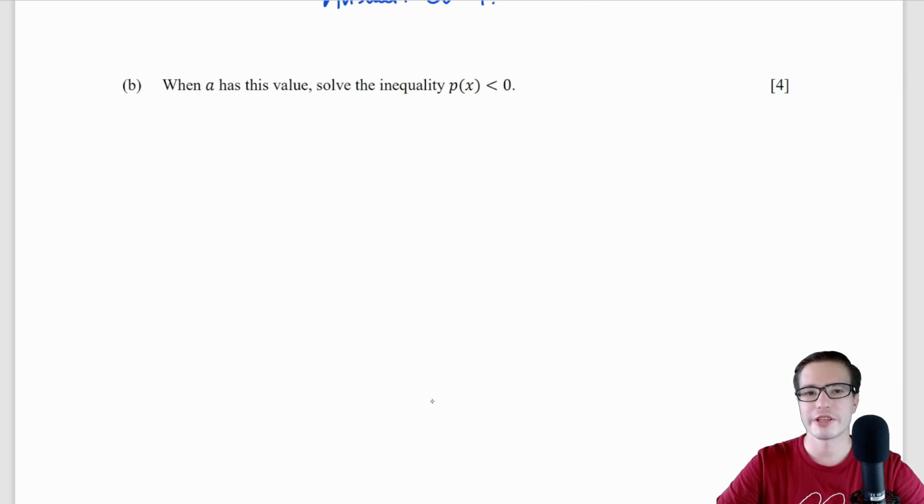Our polynomial is less than 0, so first let's write it down. Now we know that 2x plus 3 is a factor of our polynomial, so that means we can divide it by 2x plus 3.